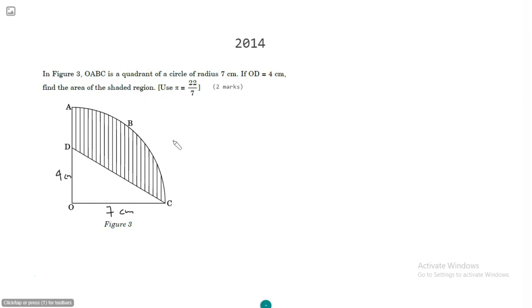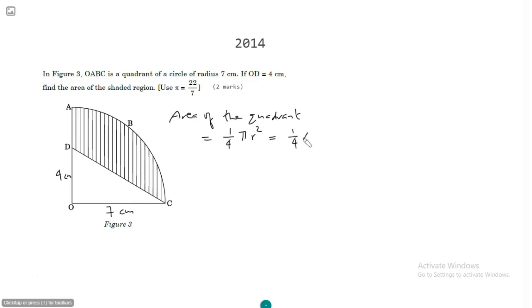So if you look at this quadrant, the quadrant has an area of 1 by 4 pi r square, right? Because it's 1/4 of a circle. And if you subtract the area of this triangle from the area of the quadrant, you'll get the area of the shaded region. So let's find the area of the quadrant. Area of the quadrant is equal to 1 by 4 pi r square.